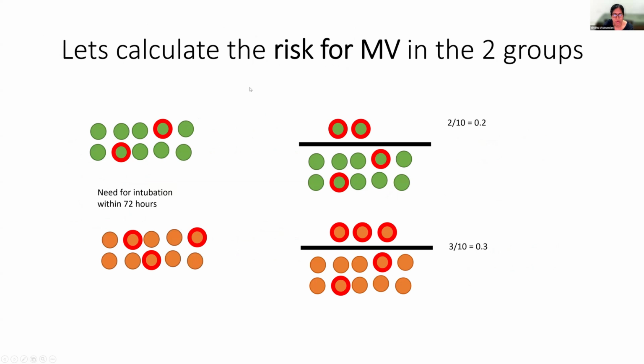Now let us calculate the risk for mechanical ventilation in the 2 groups. When we calculate risk, we take those who required mechanical ventilation divided by the total number of all babies in that group. So the denominator will include those who failed also. The total number is 10, 2 failed. So 0.2.